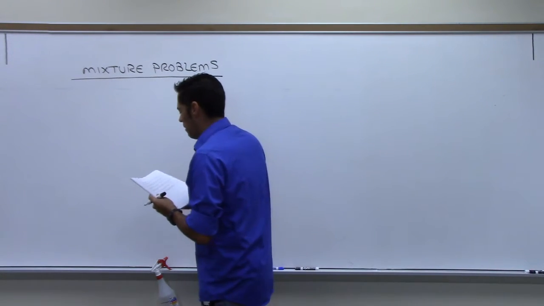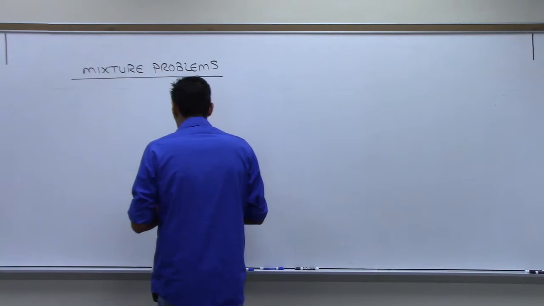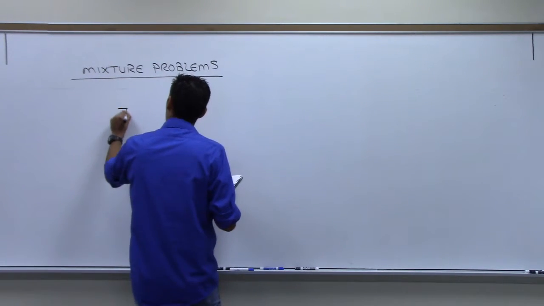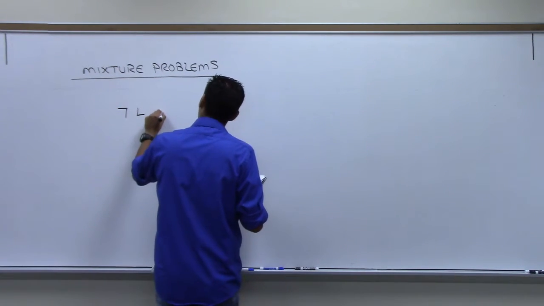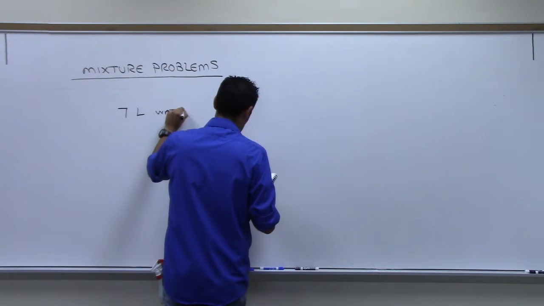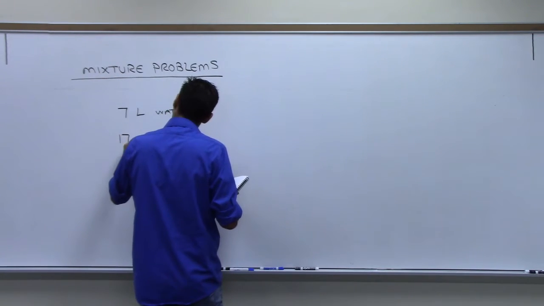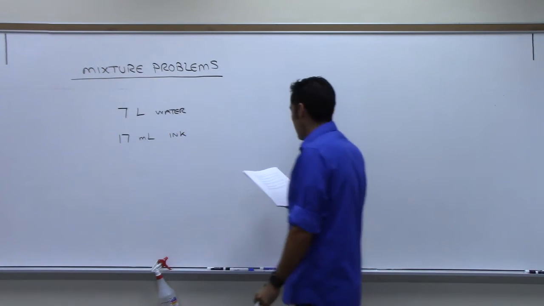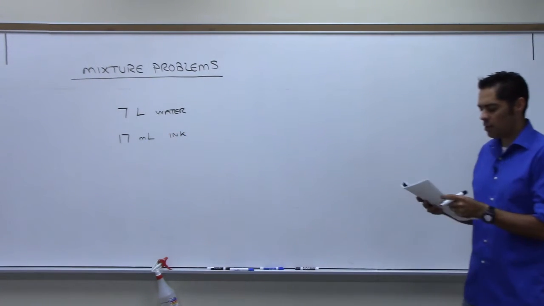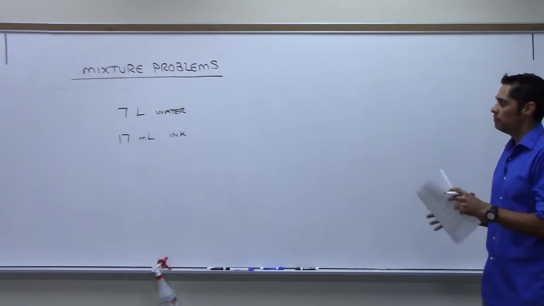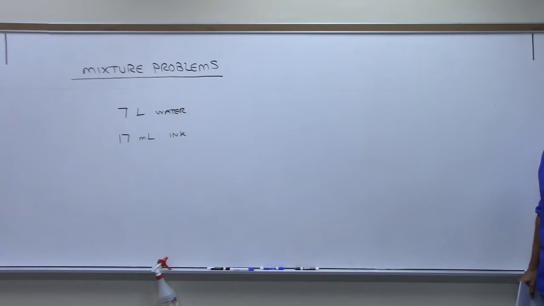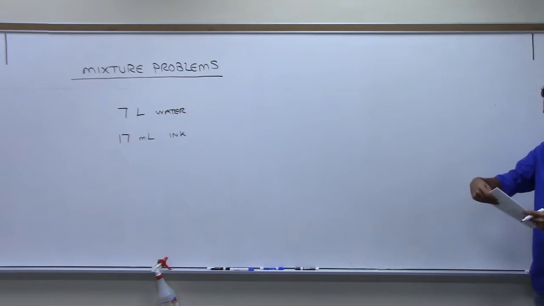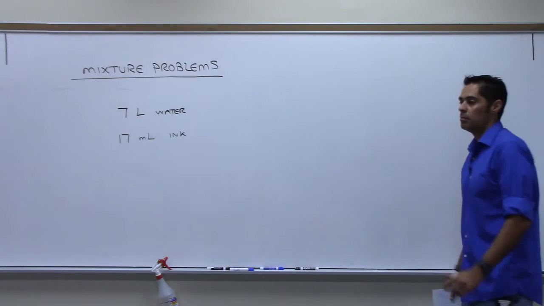All right, I'm going to look at number 1. If there is a mixture of 7 liters of water and 17 milliliters of ink, write in decimal form how many total liters there are of this mixture. How many total liters?